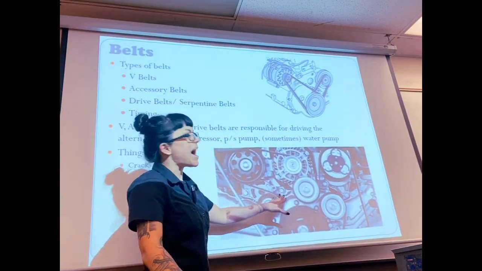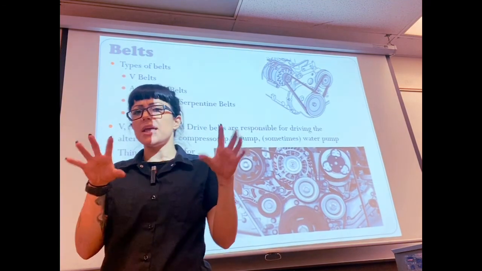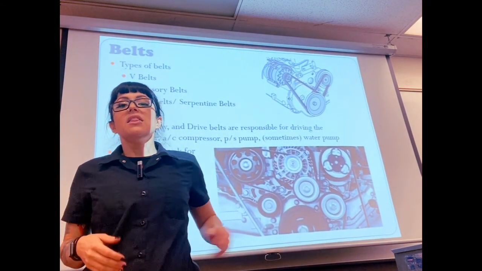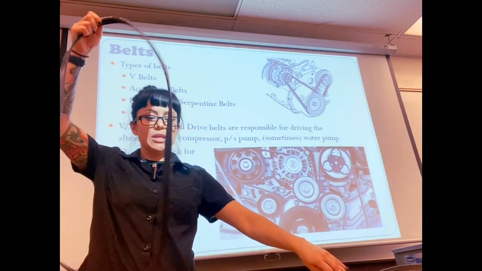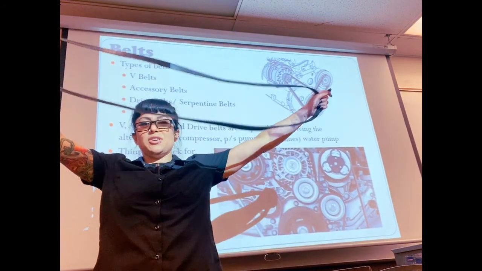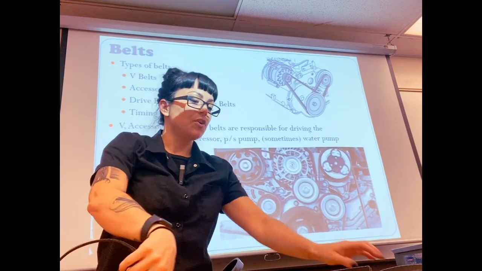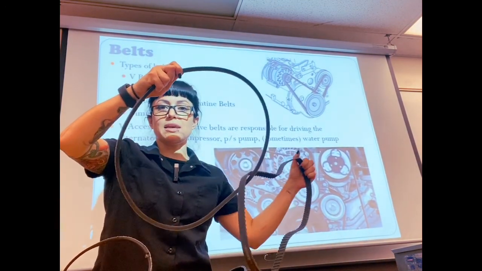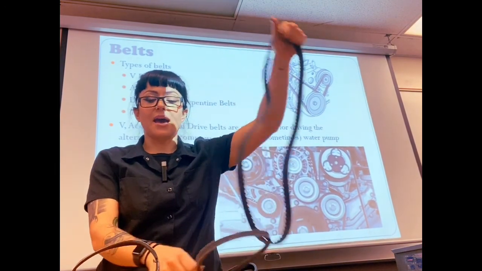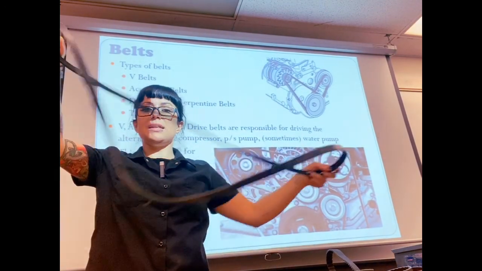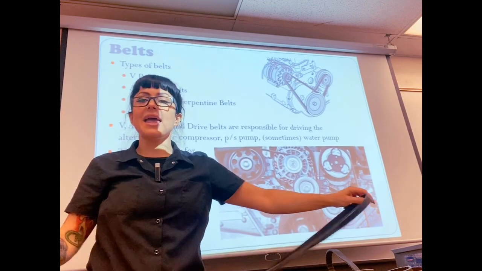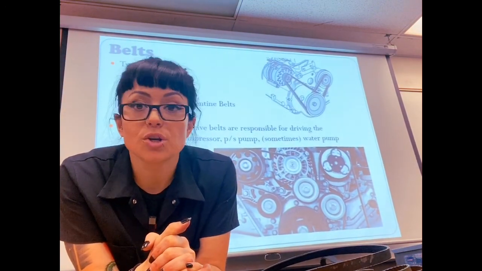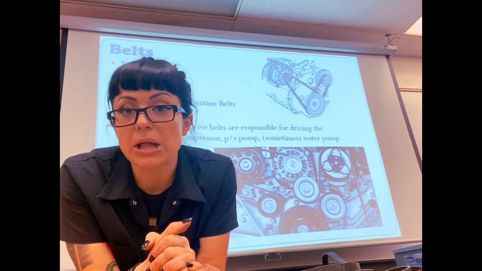But we've got some idler pulleys that are just simply placeholders to keep tension on the belt and keep it in place. The one belt is generally going to be very large in nature, as you can see here, versus an accessory V-belt might look something like this, or a tooth belt like that. In comparison, this belt's much larger, but again, one belt to rule them all. We only have one serpentine belt or one drive belt.